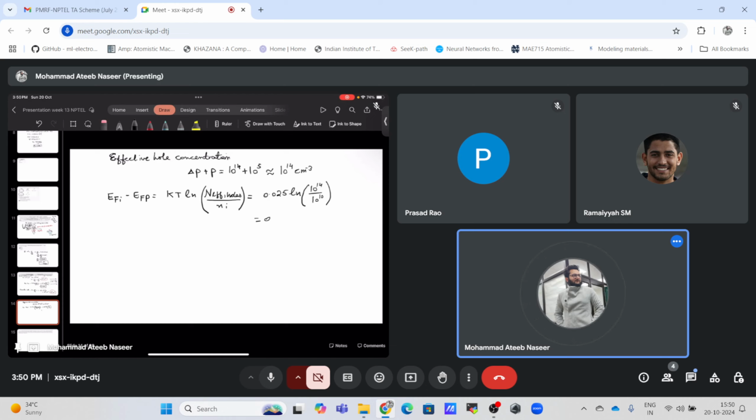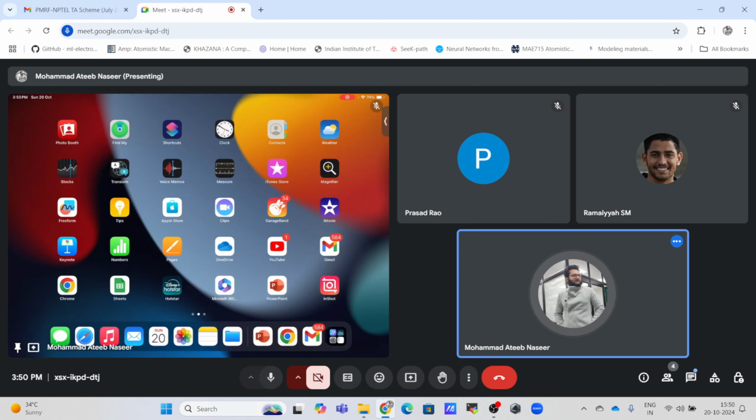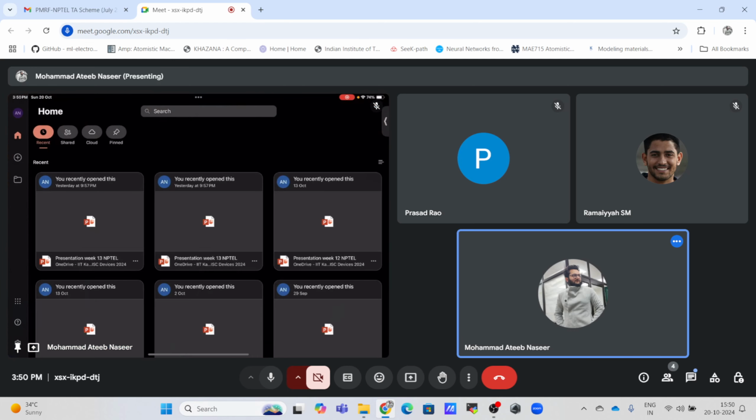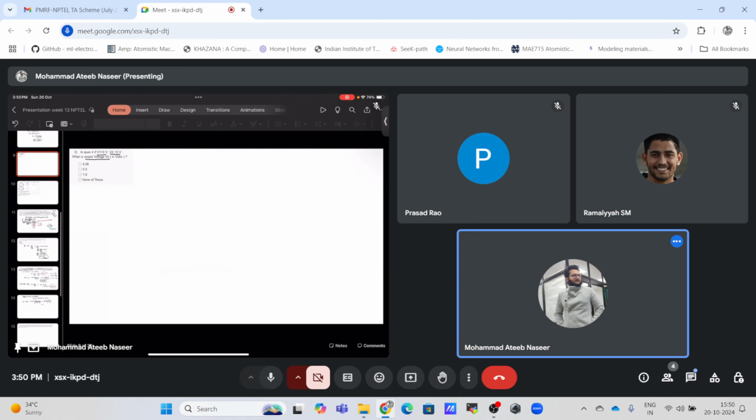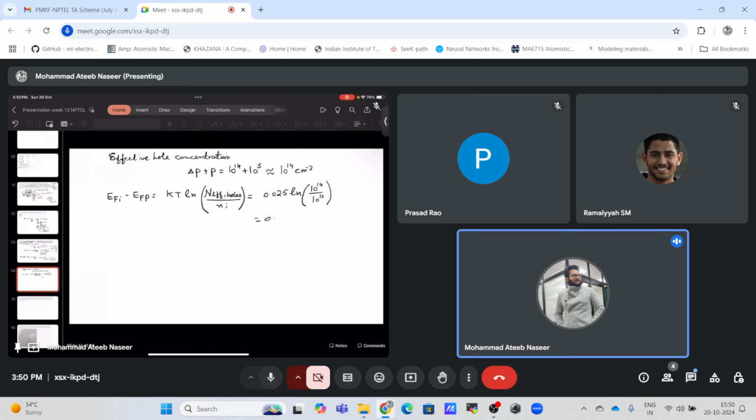So it is simply 0.0259 times ln of 10 to the power of 4, which is 9.2 into 0.025. So it is 0.23 in general.